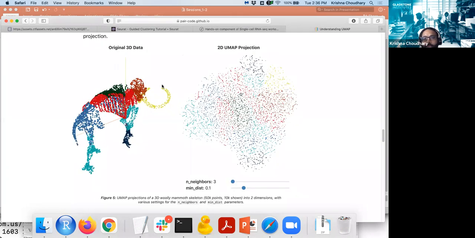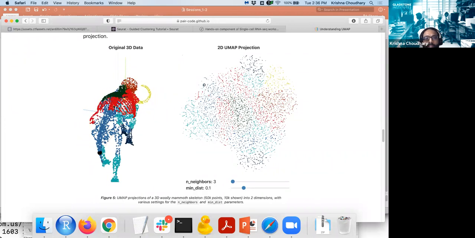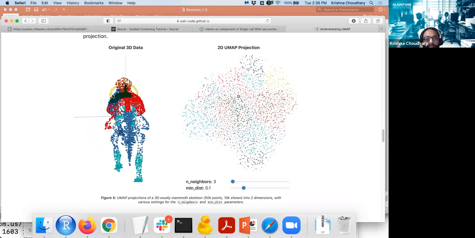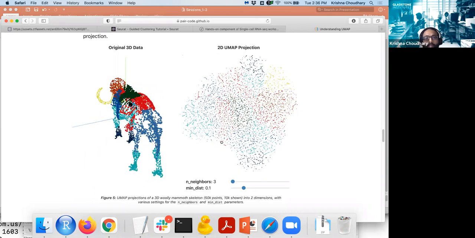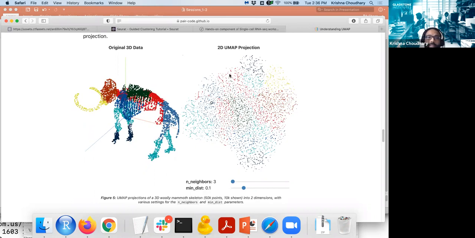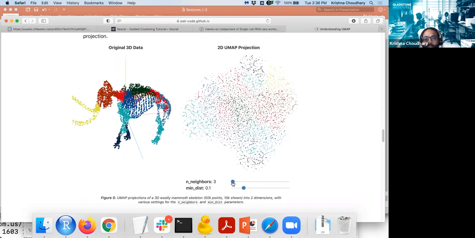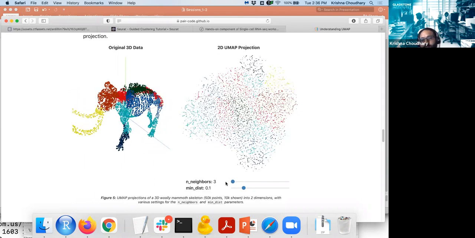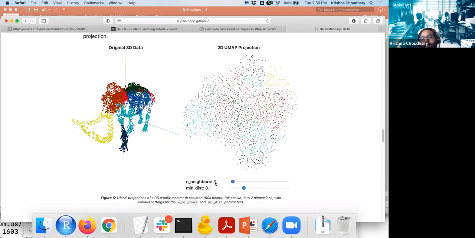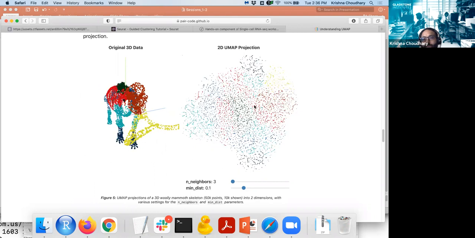So let's say our 3D data is arranged like this organism or whatever beast, and we want to project its cells in 2D. If our nearest neighbors setting is very low, let's say each cell feels only 3 neighbors, then we are focusing on the local structure, and that's what we see.